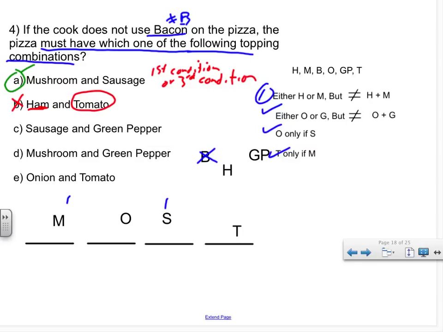So as a combination, I can get away without using green pepper, but I have to use sausage.